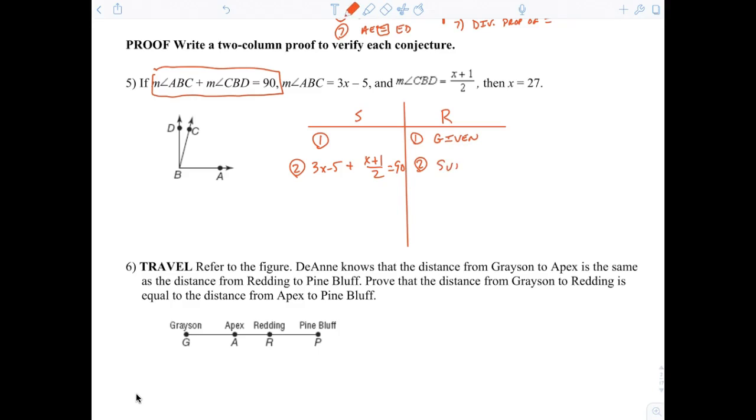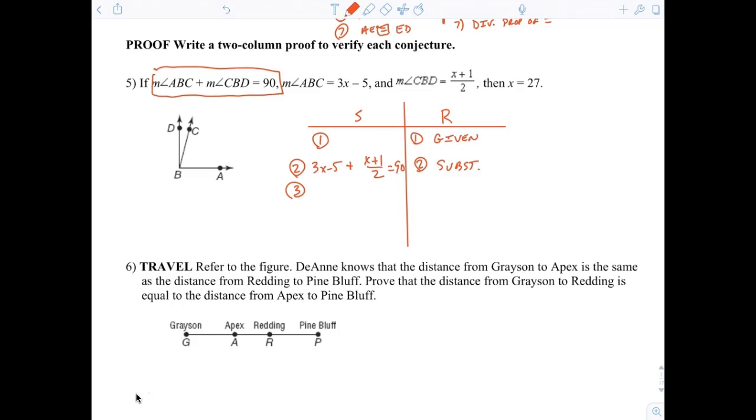All right. Now the next step right here. It's 6x minus 10 plus x plus 1 equals 180. Remember now, all you're doing is just look what's up on the board and see what's different. That's all I'm asking you to do.